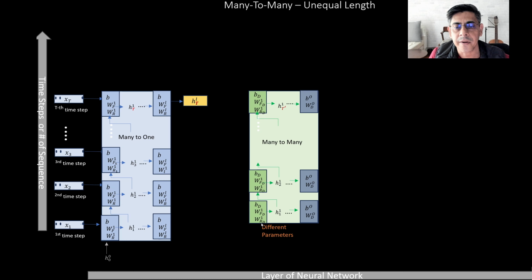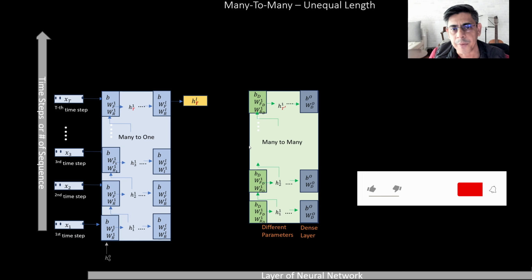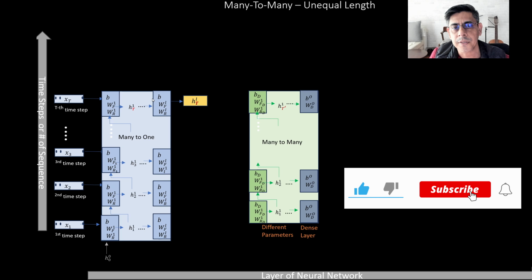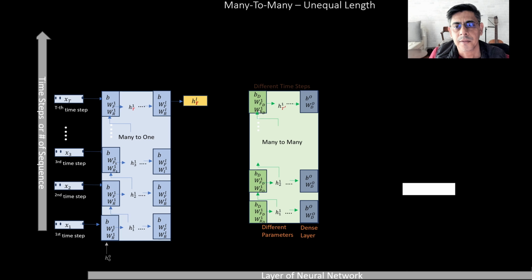We'll come to that point. The second thing to be noted is that we are using the dense layer after this many to many, and we are not using the dense layer immediately after the many to one, because we want to use this hidden state.